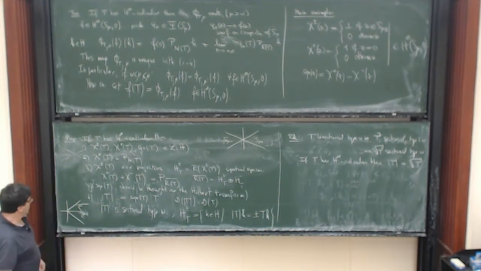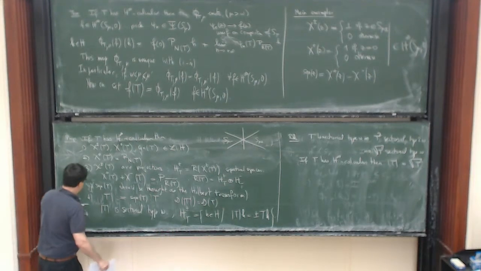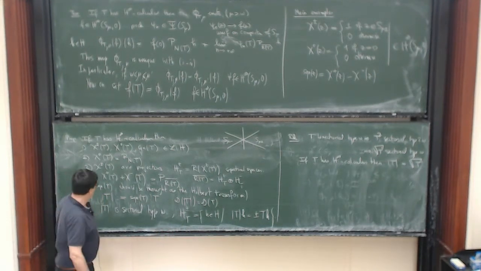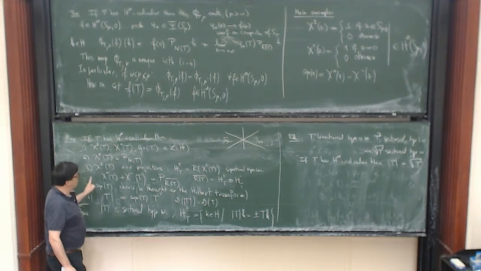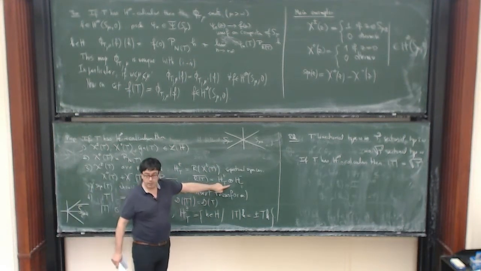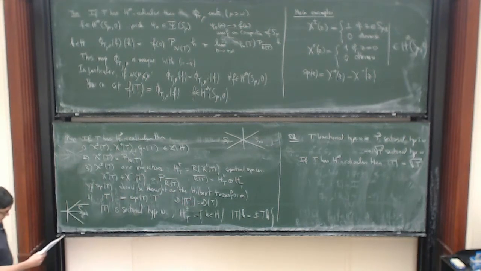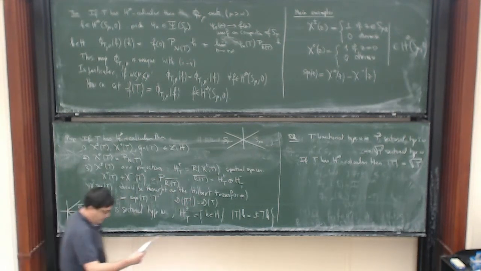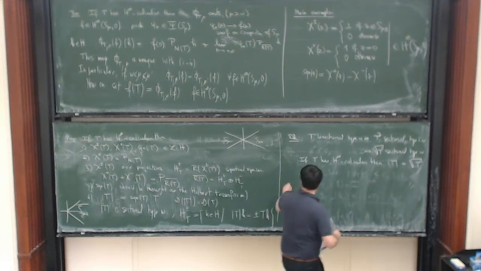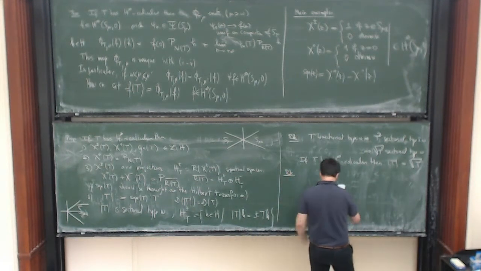So you could bypass the H infinity calculus and just work with square roots, but the H infinity calculus gives you one important piece of information, which is this splitting. This is the important thing here. All right. Another remark before I move on.